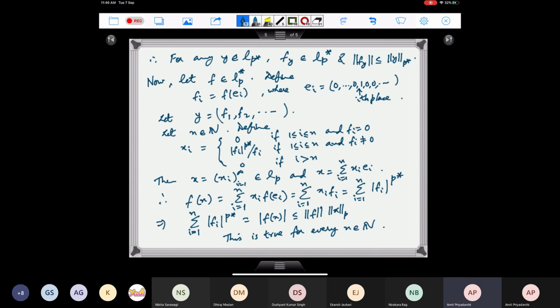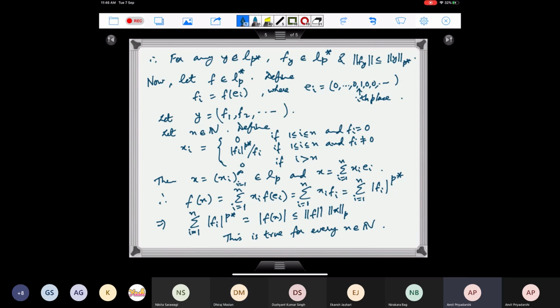Right hand side is independent of n. Actually, okay, even in the right hand side, this norm x will have dependence on n. So I have to write norm x.